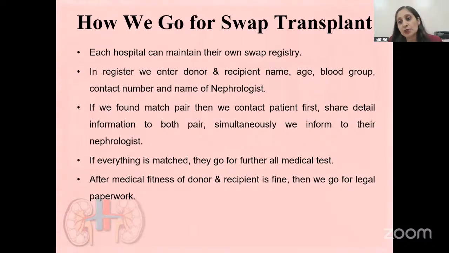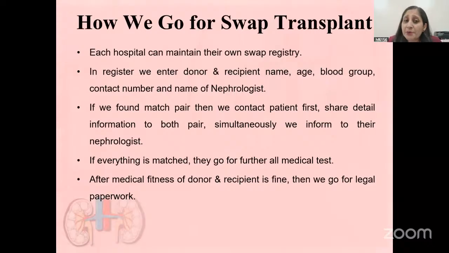According to our law, THOA, if it is a near related donor, we try to explain what they can do and what more options they have to go for the transplant. So we enter the donor and recipient's name, age, blood group, contact details, their nephrologist's name, most of the details we try to capture, so we can share them with the nephrologist and try for a better match.